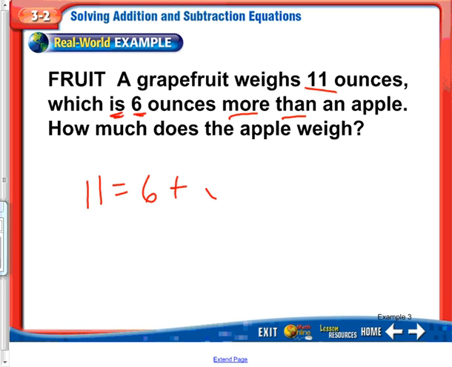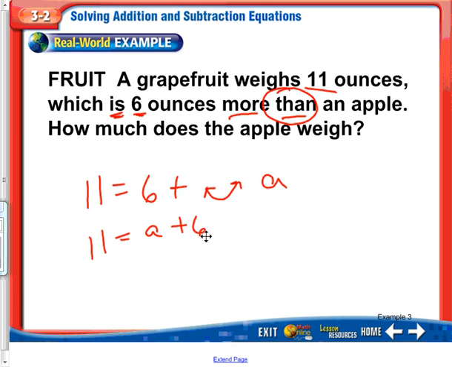Then tells us we need to flip the order of our equation, and apple, so I can use the letter A. So now I'm going to want to rewrite this because I do see that I have a flip it sign. So 11 equals A plus 6. Notice I changed the order. I put the 6 at the end and the A at the beginning because of the word then.